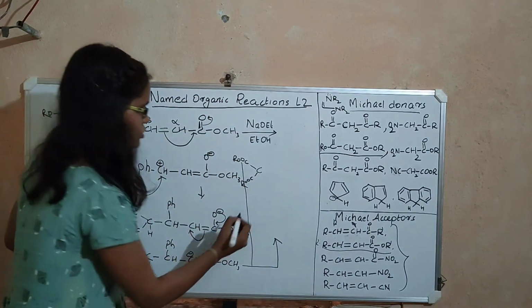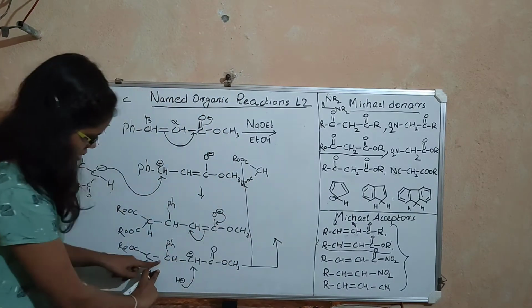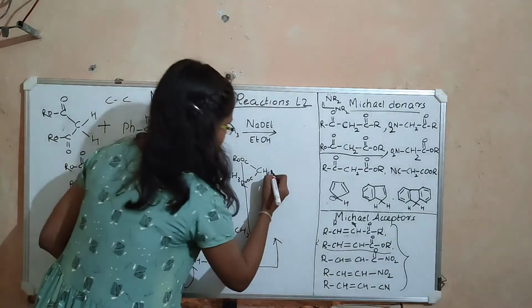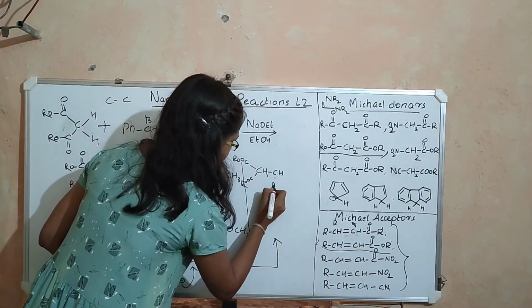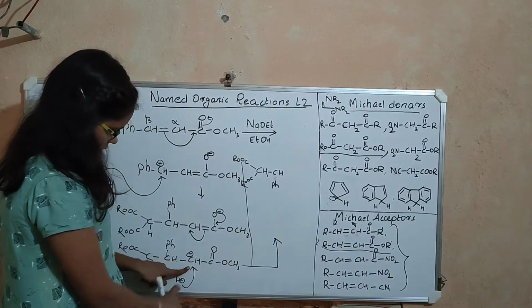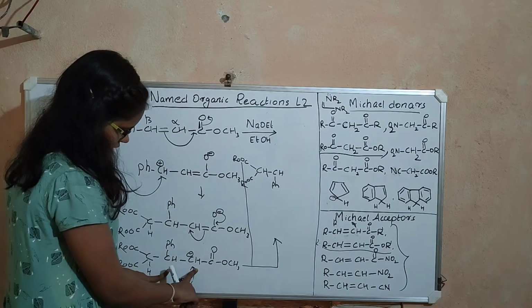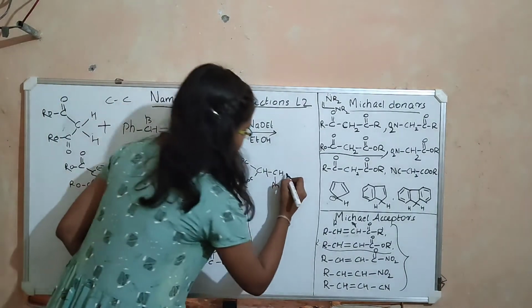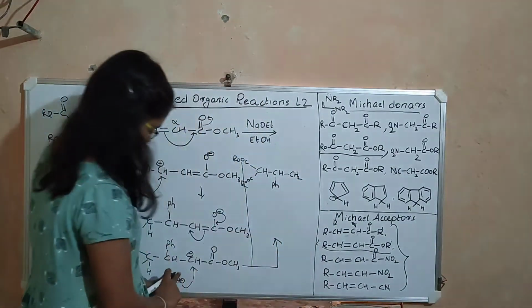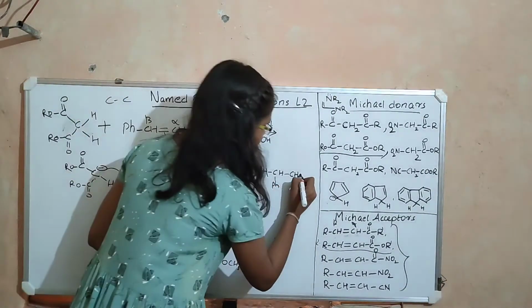This carbon has a hydrogen. This is CHPH. This becomes CH2. When this H plus attacks here, it becomes CH2. So CH2, C double bond O, CH3.